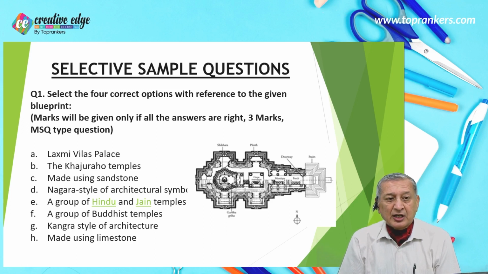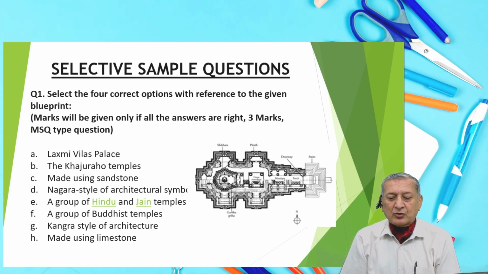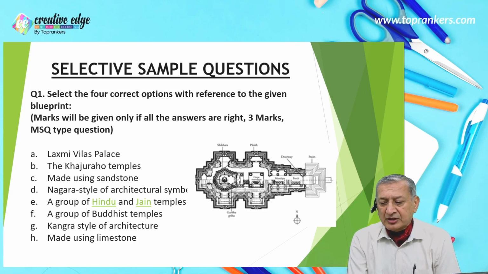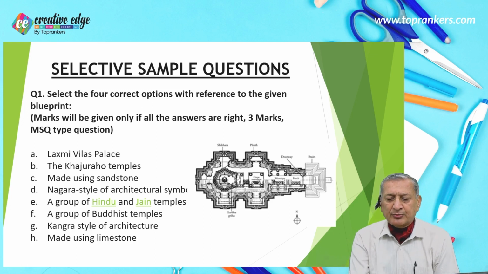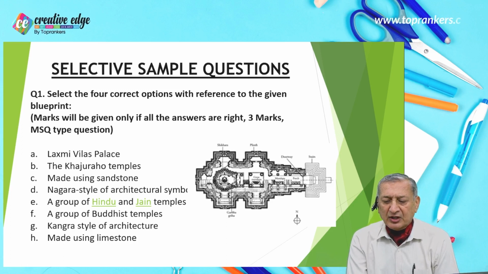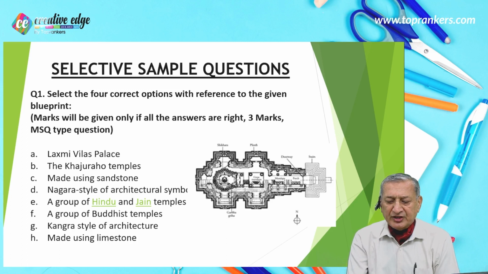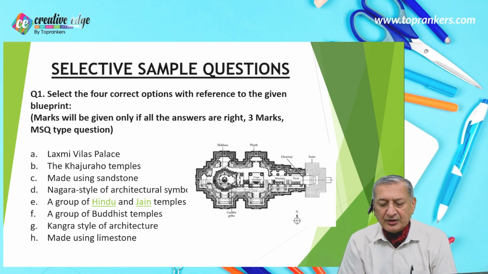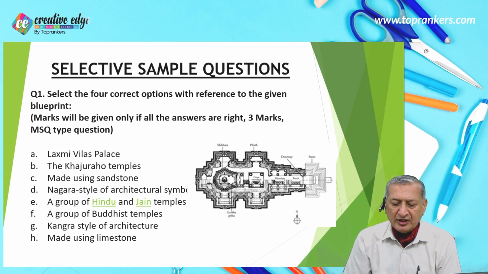This is a multiple select question type. This image is given and it's a blueprint, you know that. And the options given are Lakshmi Vilas Palace, the Khajuraho temples made using sandstone, Nagara style of architecture, a group of Hindu and Jain temples, a group of Buddhist temples, Gothic style of architecture made using limestones.